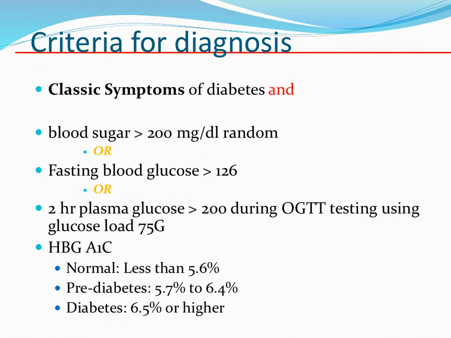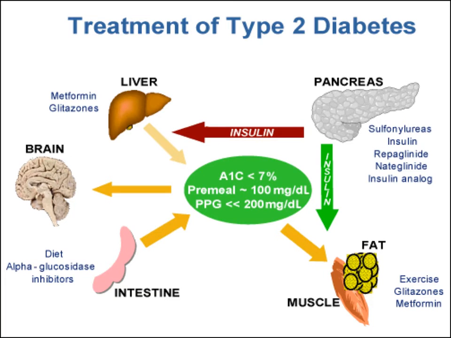If someone has these classic signs and symptoms and elevated testing, they do have to have repeat testing to confirm. The only time we do not repeat testing is when they come in in a hyperglycemic crisis, where the readings are so severe. We need to remember that diabetes is a chronic disease.